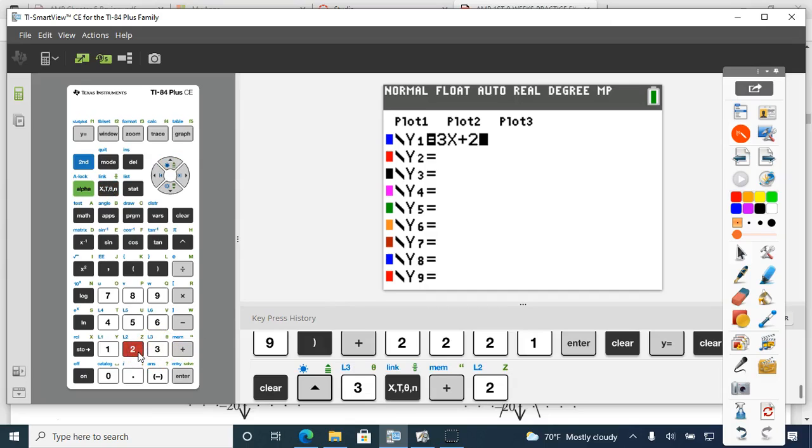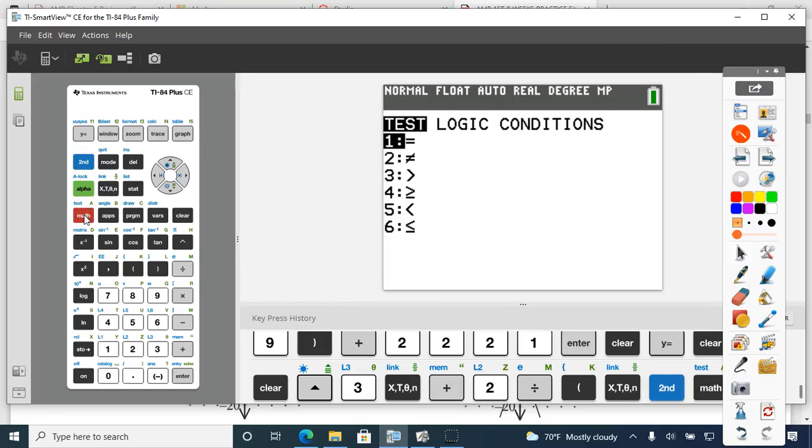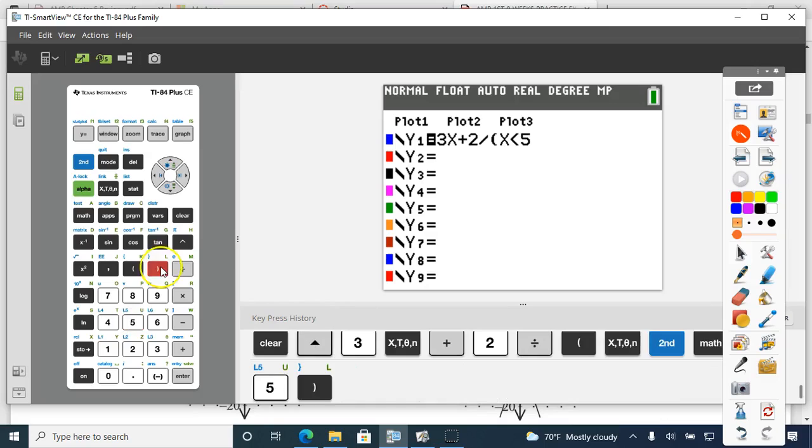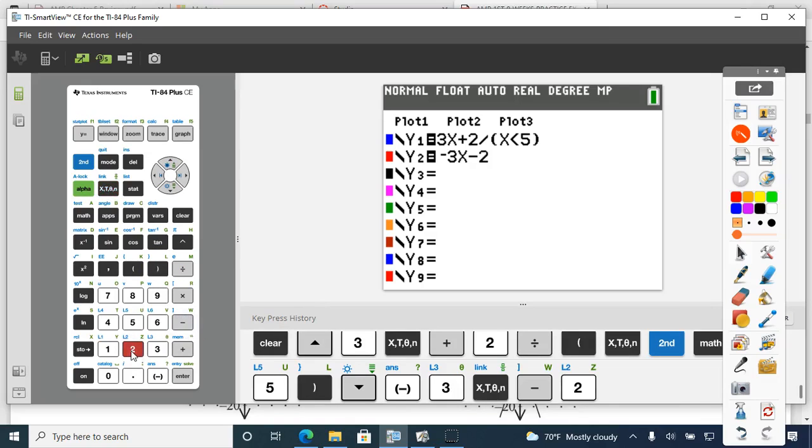And remember to put the restrictions on there. You're going to use the dividing sign, and then in parentheses, you're going to put the restrictions. So you say x. To get to the less thans, you go to second math, and number 5 is less than, and we're doing less than 5. Close your parentheses. On the bottom, we're going to have negative 3x minus 2.